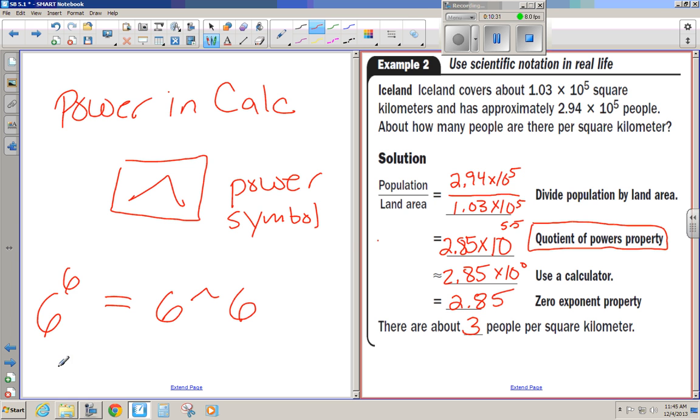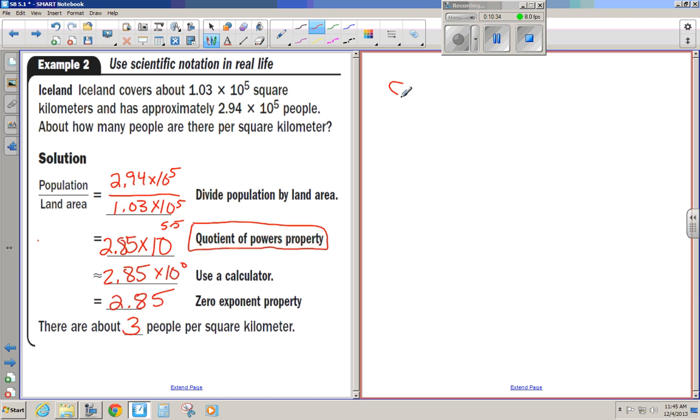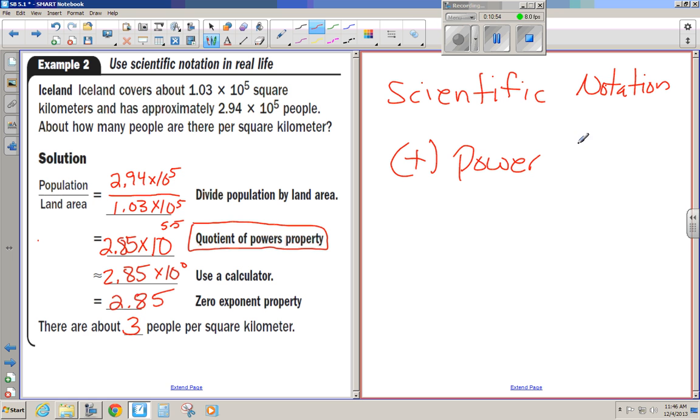Okay. Now, you should have seen this in chemistry and other classes, but for scientific notation, for a positive power, you move the decimal to the right.